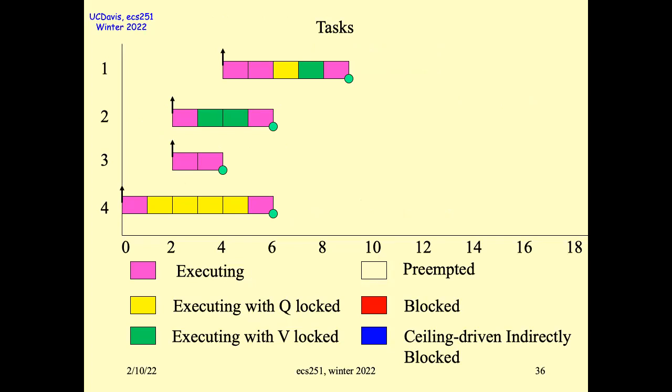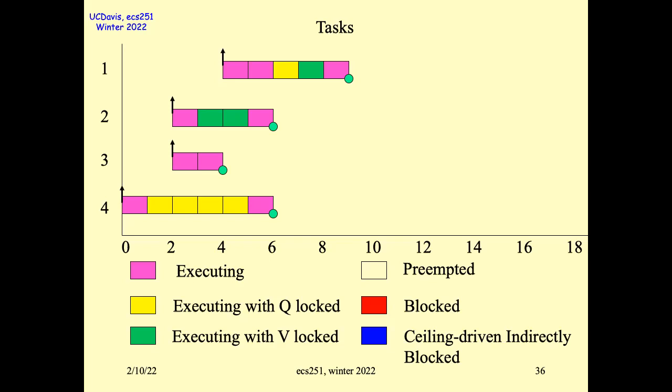The first example I'm going to show you has 4 different tasks. The pink region means a local computation, basically not guarded by a semaphore. And I have 2 different semaphores in this picture, one yellow, one green.